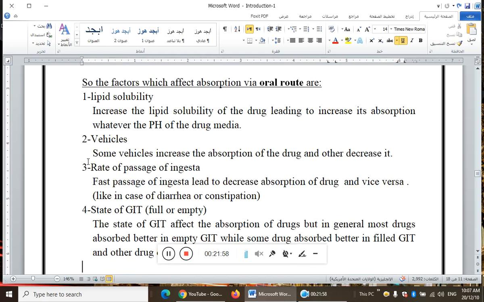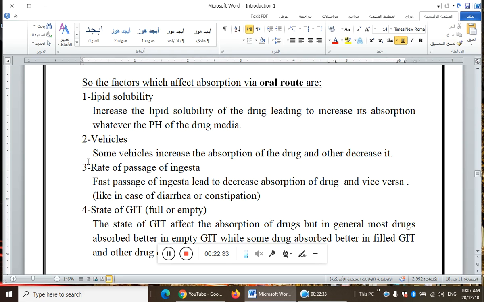So the factors which affect the absorption of the drug via oral route, now we are talking about oral route only. First, lipid solubility. When the drug has high lipid solubility, this means increasing the drug absorption, whatever the pH of the drug media.